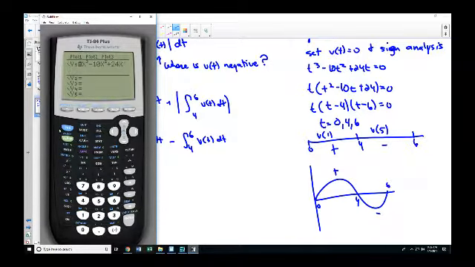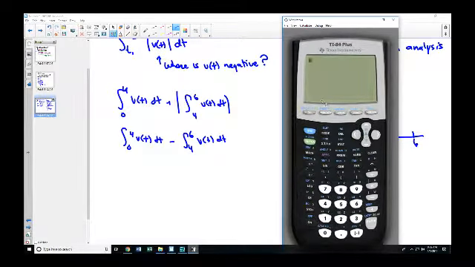Okay, so go to the home menu. How do I put those integrals in? Alpha calc. No. Math. Dang it, I was close. 9. Okay, 0 to 4. Where do I grab my function?